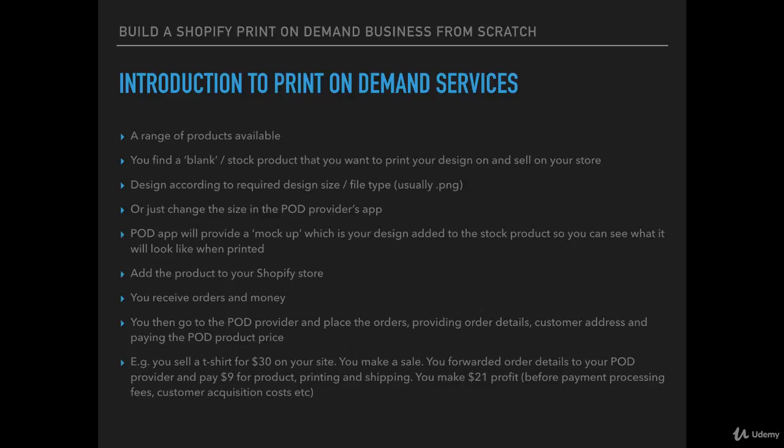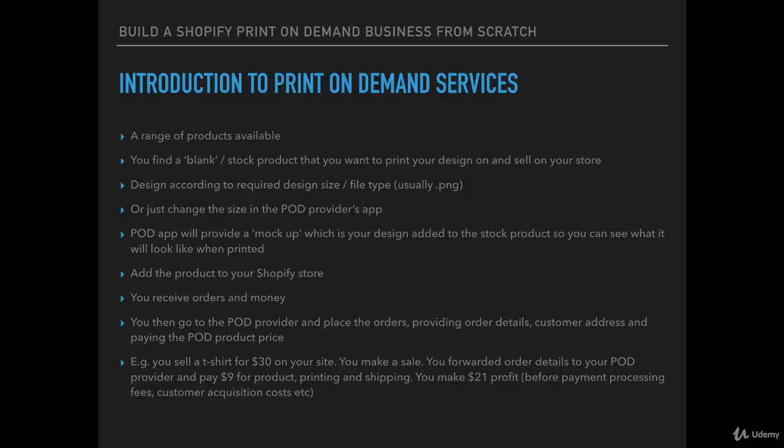Or, if you already have a folder full of designs ready to go in PNG, you can usually upload that design file and then edit it within the POD provider's website or app, changing the size, the positioning, even rotating or mirroring, changing the color, or overlaying a couple of designs together, layered. You can actually edit your designs within the POD provider's website.